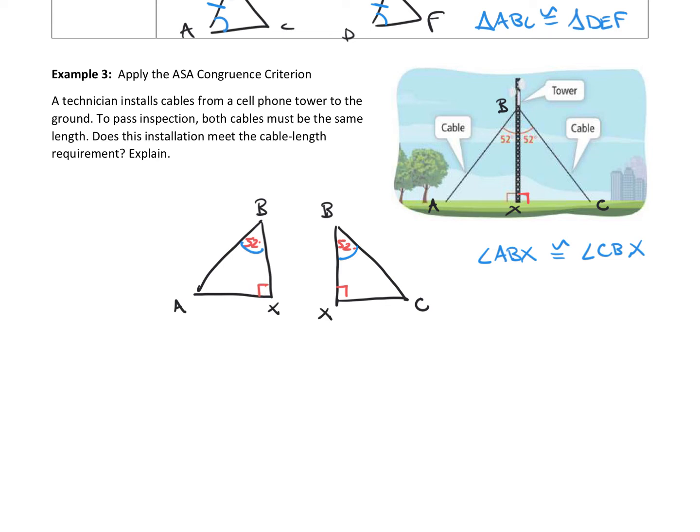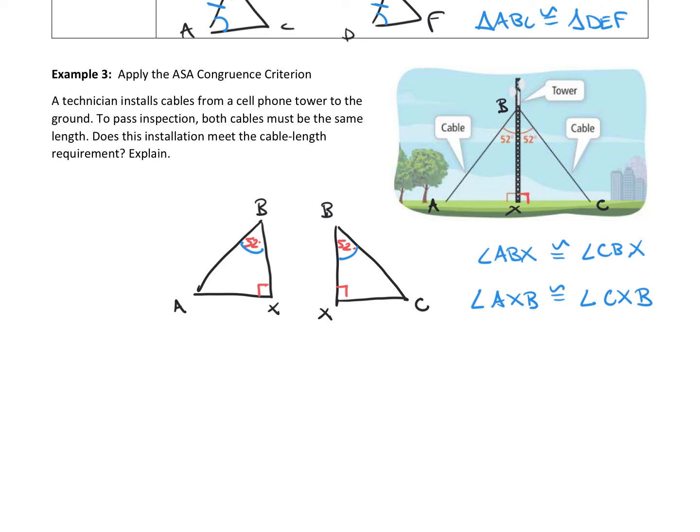What do you think about two right angles? Do you think right angles will be congruent? Yeah, we have this thing called the right angle theorem you learned about at the beginning of the year, that if you have two right angles, that means they are congruent. So angle AXB, that's this right angle right here, will be congruent to angle CXB.